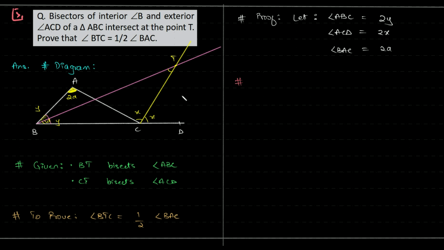Now, what can we tell about angle TBC? Angle TBC is equal to angle ABC by 2, which is equal to y, not x. This is because of the statement that BT bisects that particular angle, statement A. And next we have angle TCD, okay guys, which is equal to angle ACT, equal to angle ACD by 2, which is equal to x.